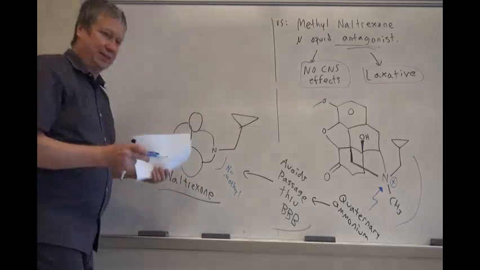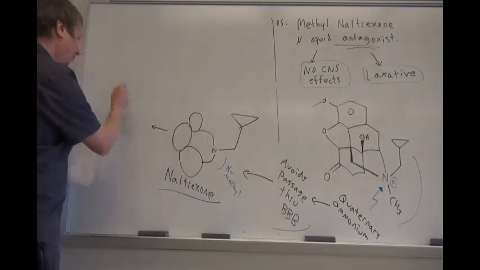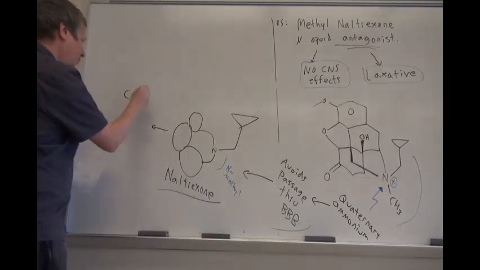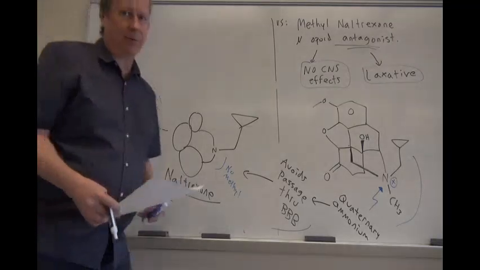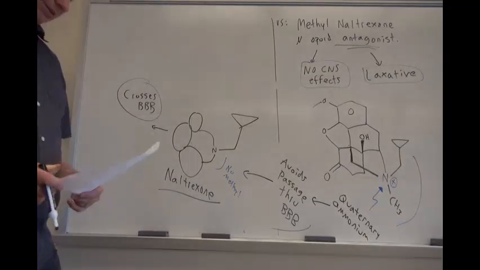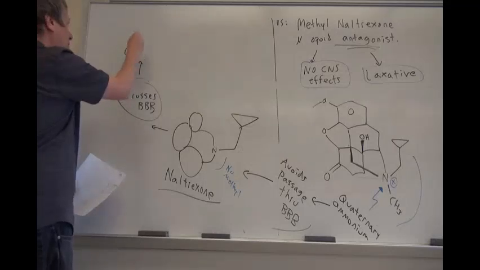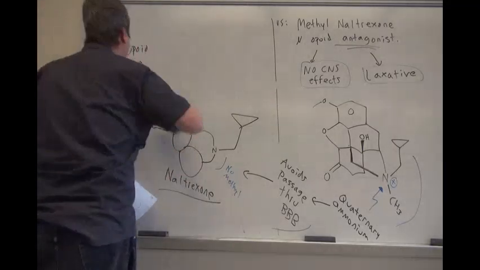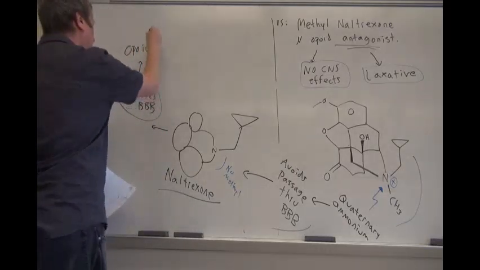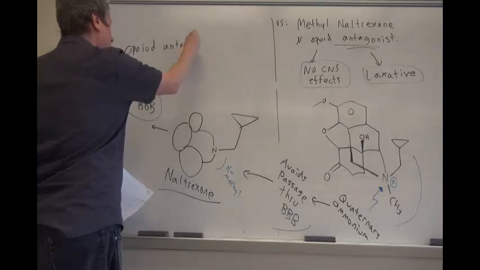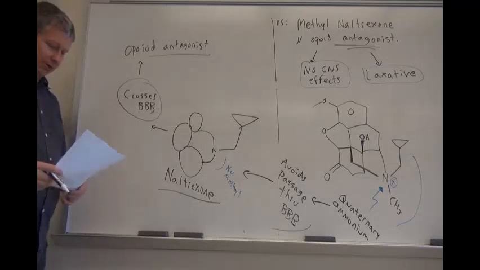And so this actually does cross the blood-brain barrier, and it is also an opioid antagonist. So unlike that stuff, which did not cross the blood-brain barrier, this one does.